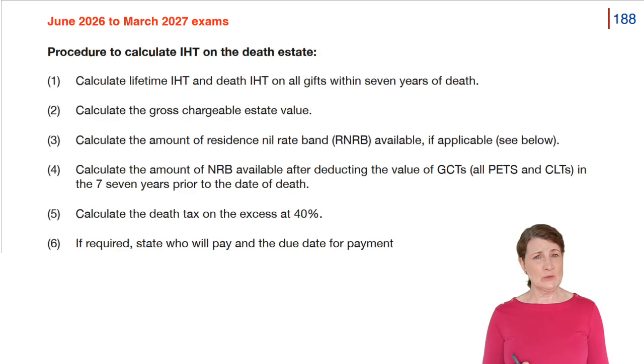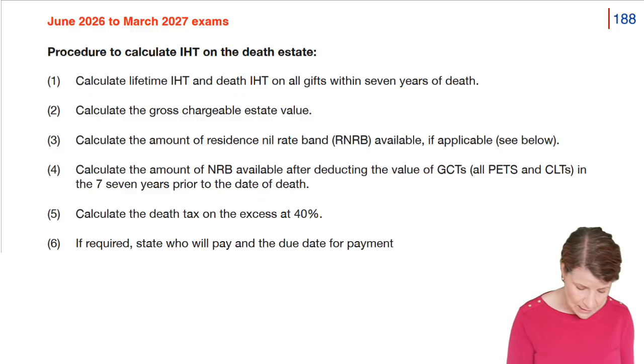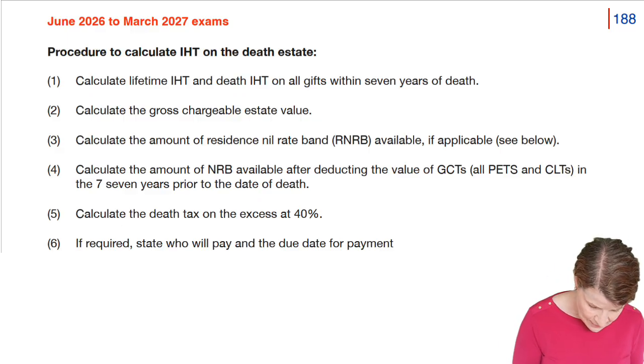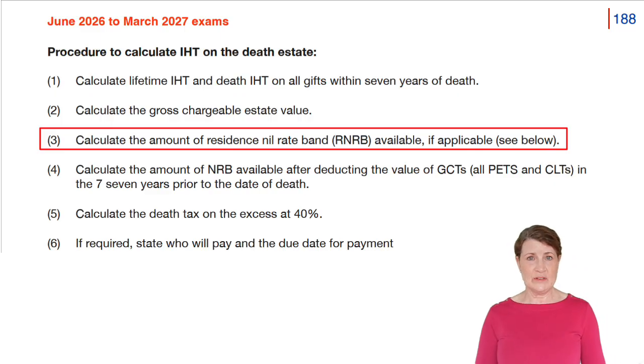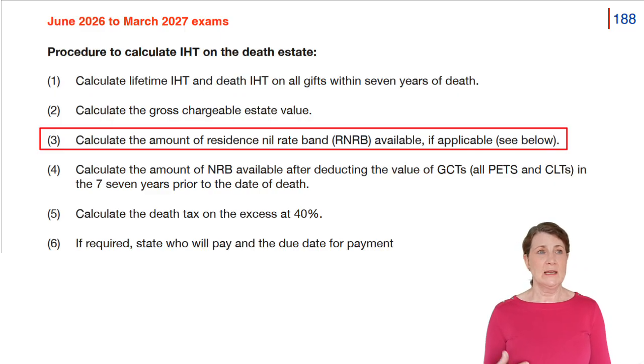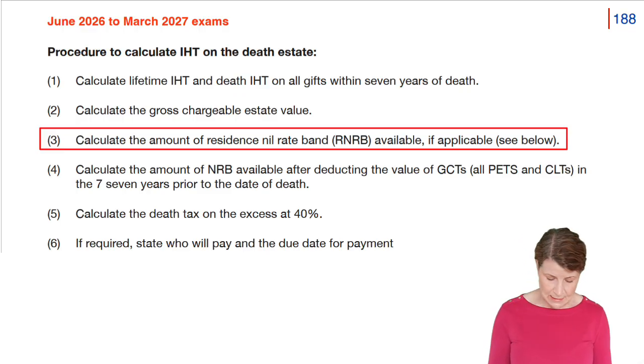But we've got another nil rate band available on the death estate, and it's called the residence nil rate band. So we're going to have a look at that very, very shortly, but you would actually consider the residence nil rate band before the normal nil rate band in the death estate.